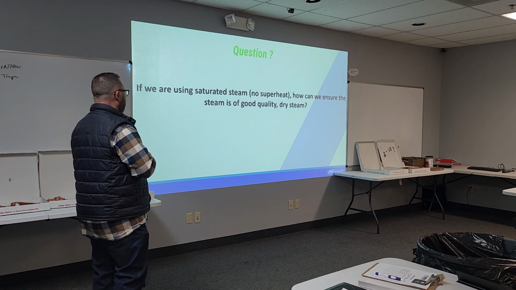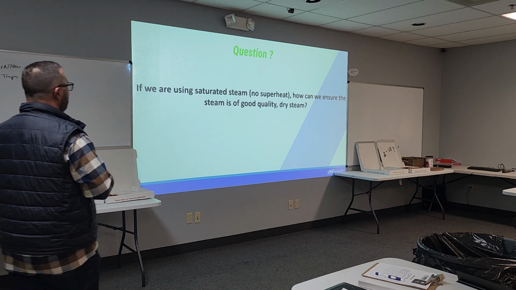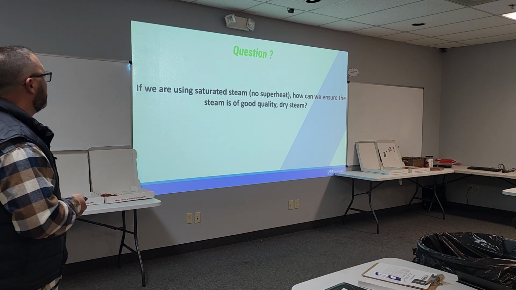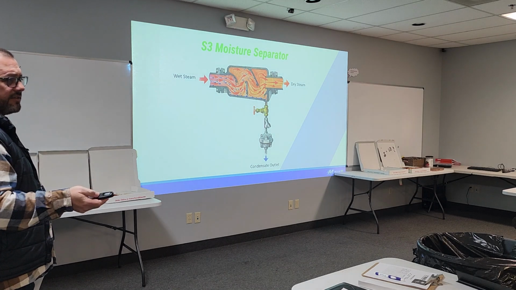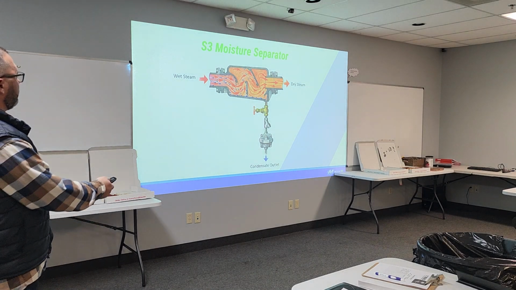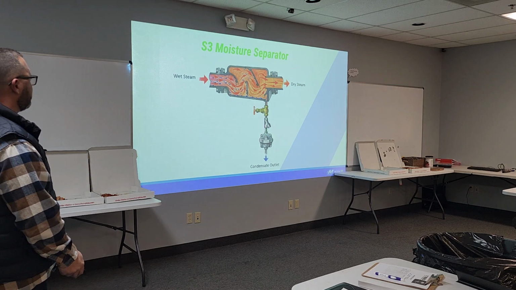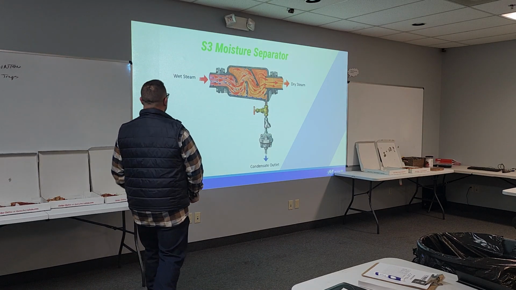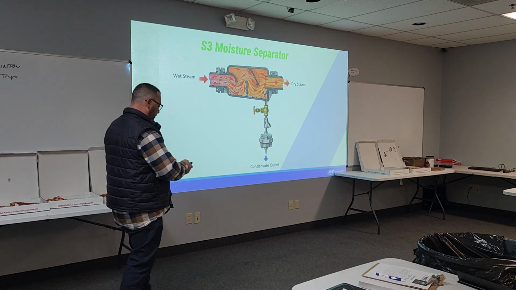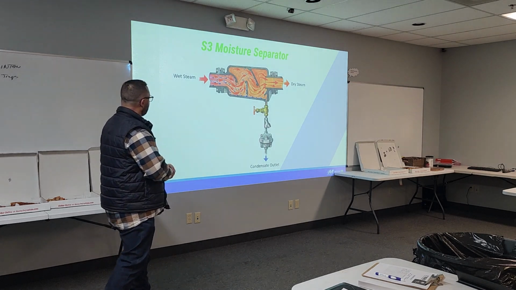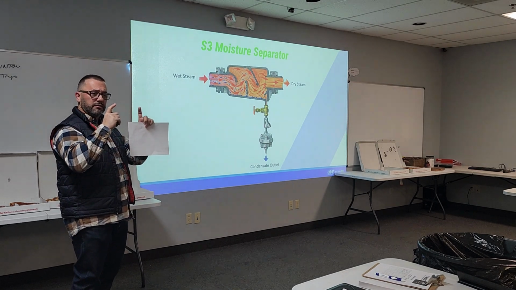If we're using saturated steam with no superheat, how can we ensure that the steam is of good quality? It's very simple. It's a moisture separator. It's not a sales pitch. These things work wonderfully. They're dumb hunks of cast iron. This is basic. If you've got a 4-inch piece of pipe, the inlet on that separator will be a little larger.